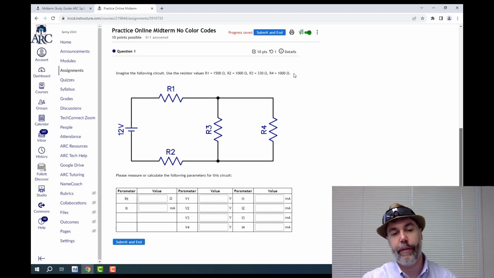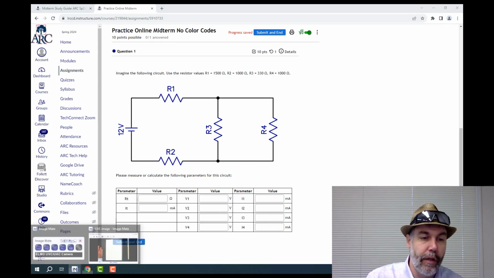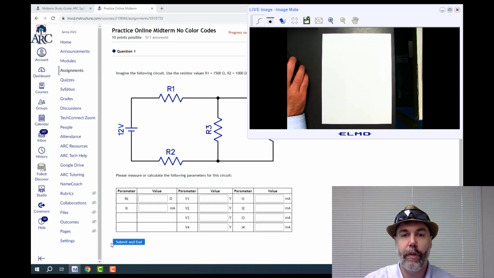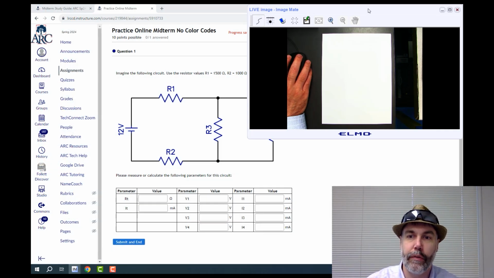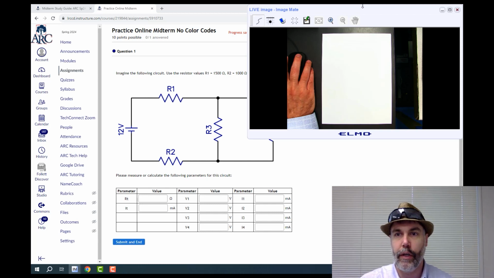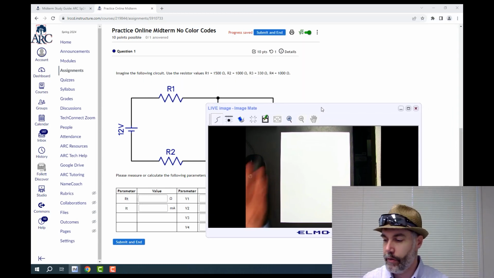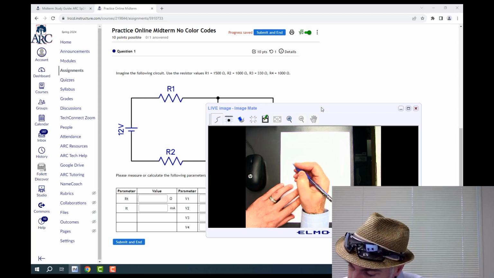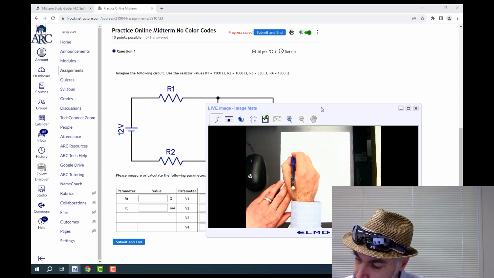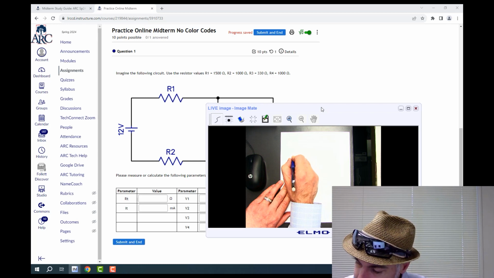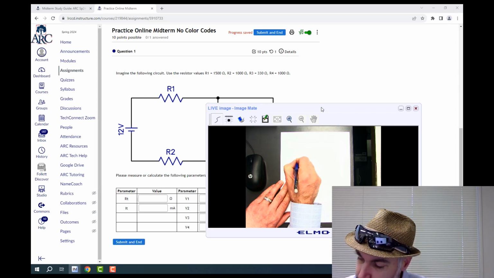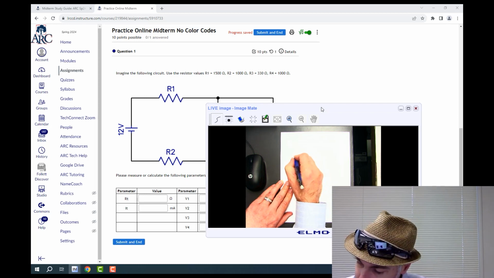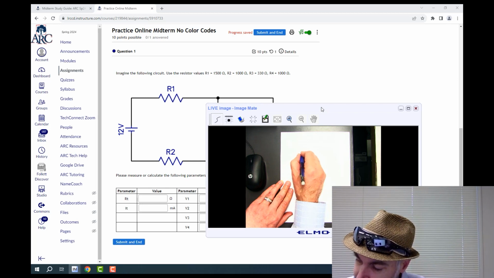So let's start with the math here. Let me just draw this out. I've got a piece of paper, and I'm going to draw this circuit first so that I get down all the values, and then I'll make it bigger on the screen so that it's easier to see.